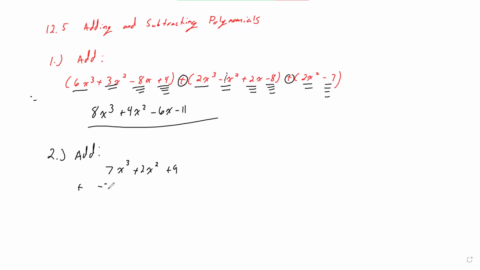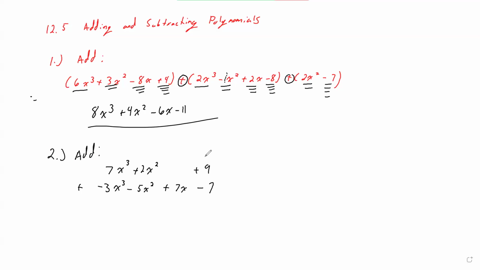Then it's negative 3x cubed minus 5x squared plus 7x minus 7. But one thing I want you to notice is these guys are not like terms. So just like when we used to add place values, I'm going to move this over so it's lined up with its like term.